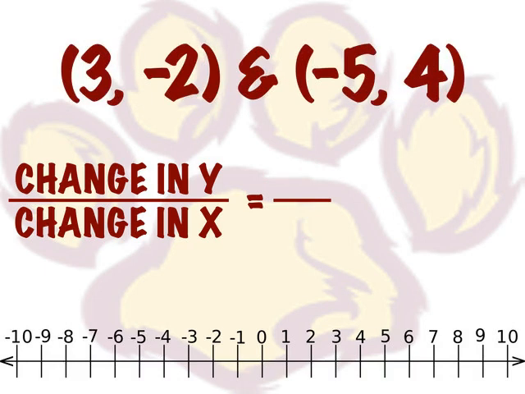Our final example, we're going to move from the point 3, negative 2 to negative 5, 4. This is a part where a lot of 8th graders have difficulties with their slope. When you're moving from a negative to a positive, this is where the number line can really come in handy. So for our change in y, we're moving from negative 2 to positive 4.